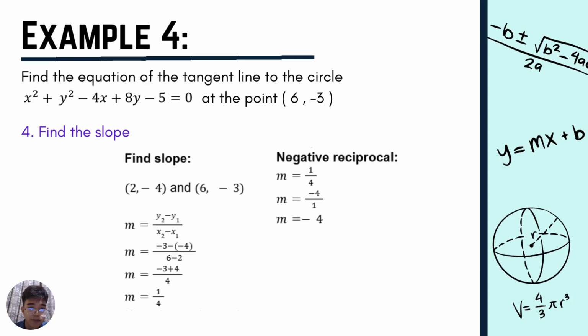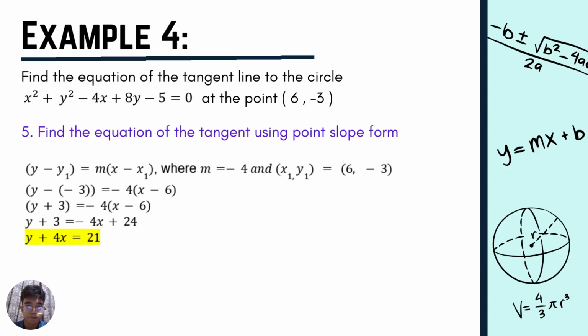Now we will have m is equal to negative 3 minus negative 4 over 6 minus 2. We will have m is equal to negative 3 plus 4 over 4. And our m is equal to 1 half. Now we'll get the negative reciprocal of m, which is 1 half. Then that would become m is equal to negative 4 over 1. So our m is negative 4.